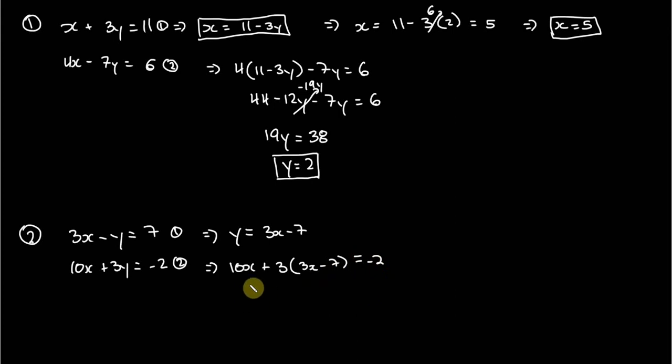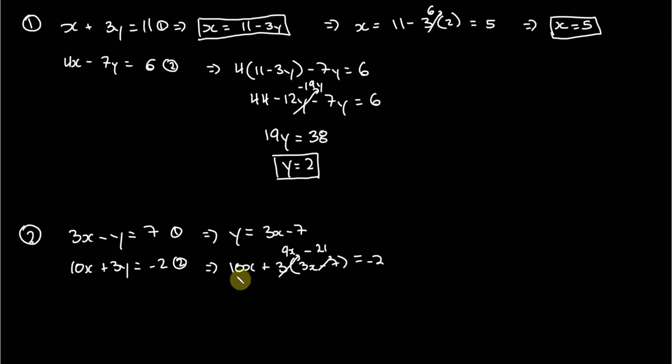And so 3 times 3 is 9, so we're going to have a 9x, and 3 times 7 is 21, so 9x minus 21. 3 times negative 7. And we can simplify all of this.